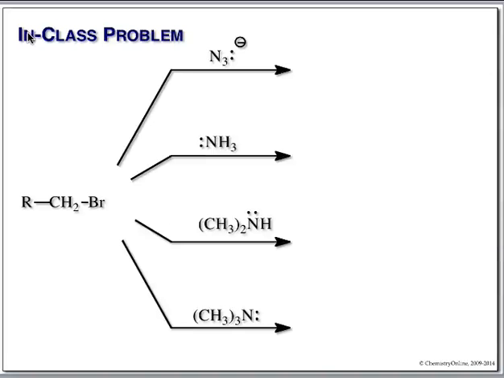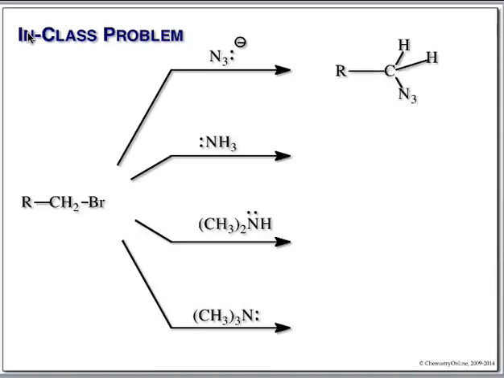The nitrogen simply attacks, bromide leaves, and we wind up with the alkyl azide. Alkyl azides are an interesting class of compounds because they really want to lose nitrogen gas from our azide, and that makes these extremely explosive.